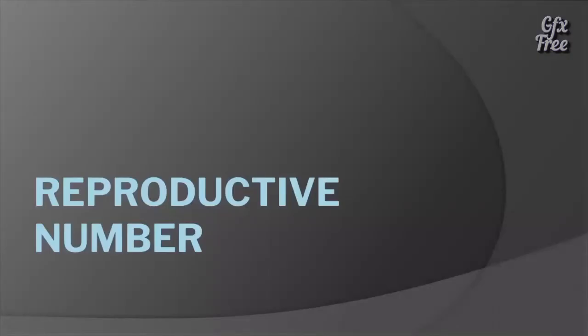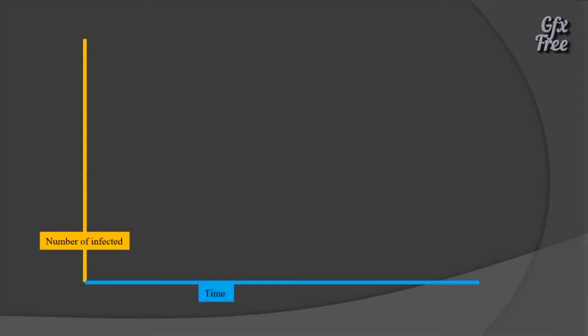Reproductive number. What is a reproductive number? Viruses are given a number called R0 based on how quickly they spread. This number is known as the reproductive number. We can explain it much more clearly by a graph. Imagine there is a graph with number of infected individuals and time.